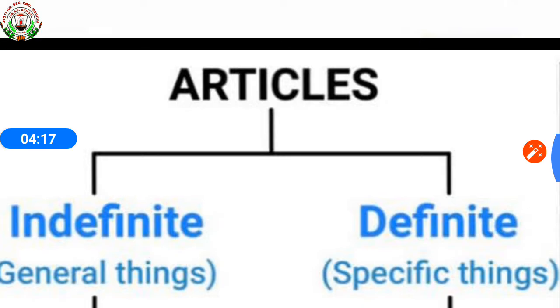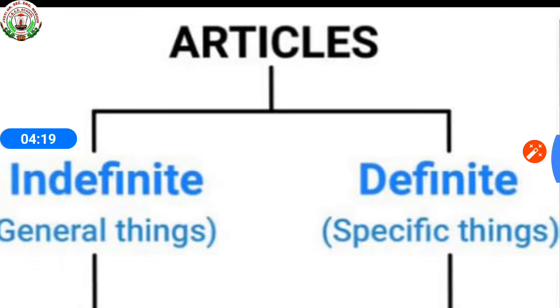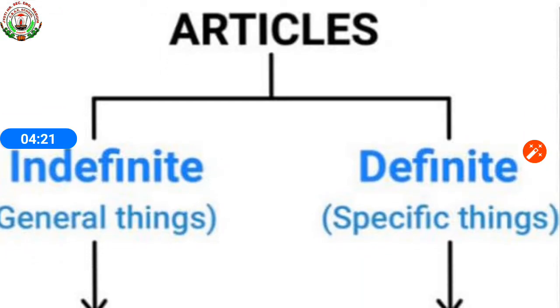Now, indefinite articles relate to general things and definite article relates with specific things.